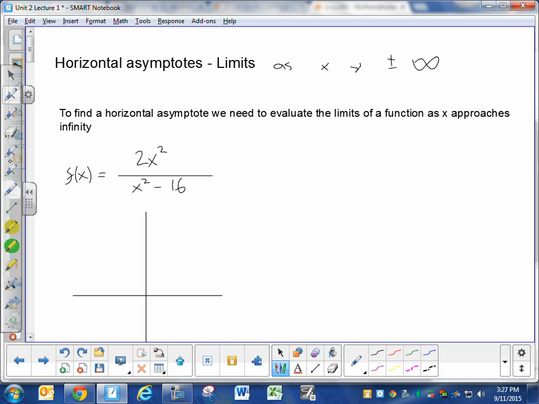I'm asking you to find the horizontal asymptote for this function. I need to evaluate this and this. They might be different for whatever this function is.